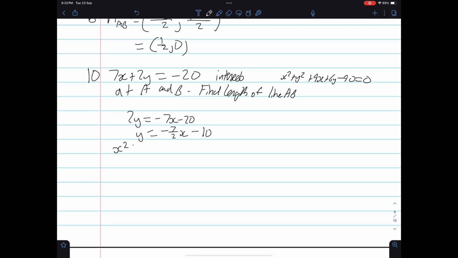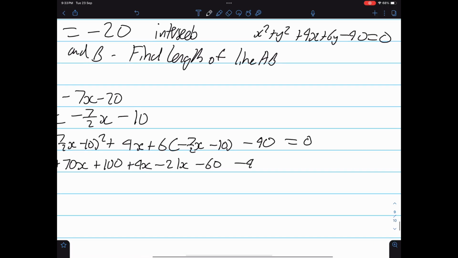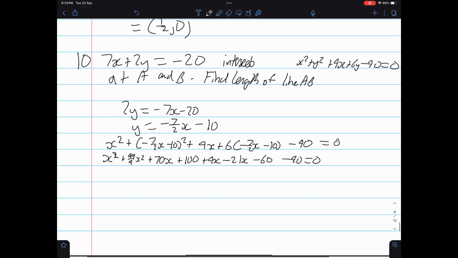So x squared plus (minus 7 over 2 x minus 10) squared plus 4x plus 6 times (minus 7 over 2 x minus 10) minus 40 is equal to 0. 49 over 4 x squared plus 70x plus 100 plus 4x minus 21x minus 60 minus 40 equals 0.